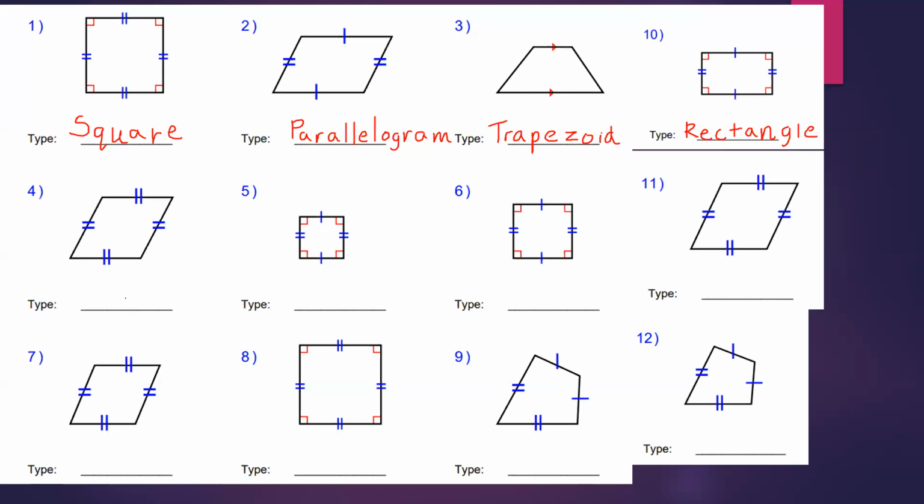Don't make me seem like that in the class. The R word. Rhombus. Okay, rhombus. There's a lot of R words in life. Rhombus. Yeah, it is rhombus. See, I'm doing good. I'm trying to still catch up, but I'm doing good.